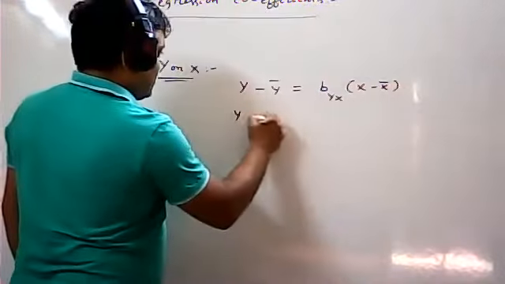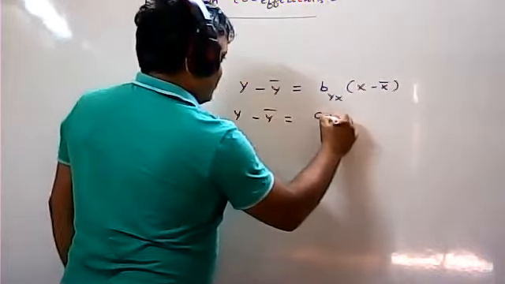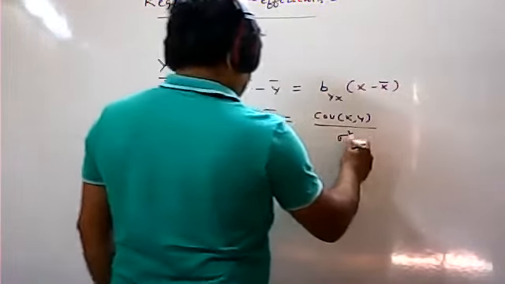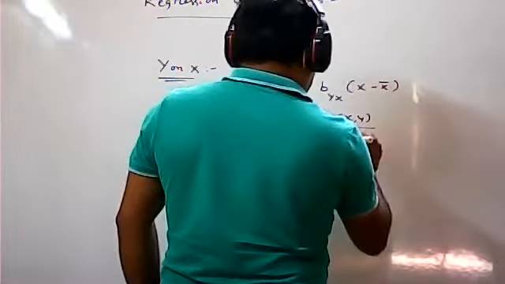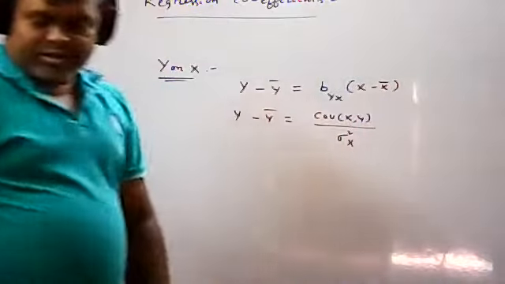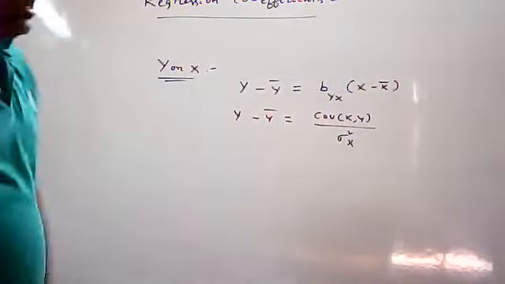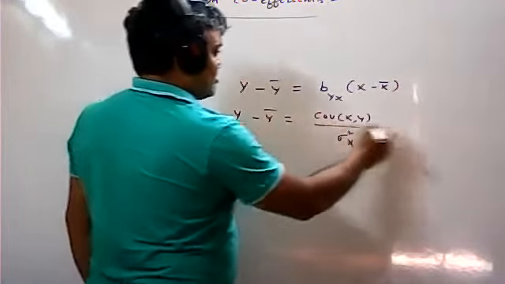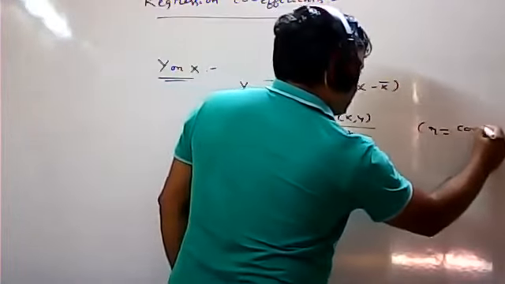So after that you got y minus y bar equal to covariance of x comma y by sigma square x. Okay. And then you apply the r formula here, r equal to covariance of x comma y by sigma x into sigma y. Already I have done this proof.